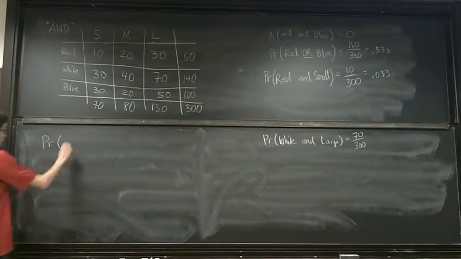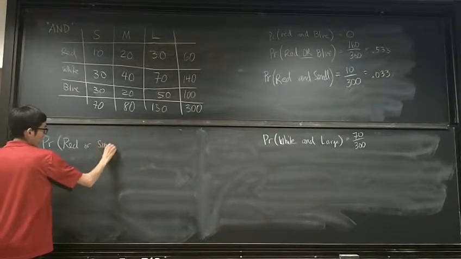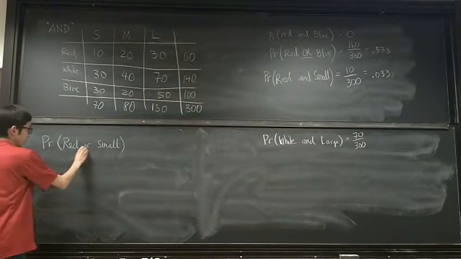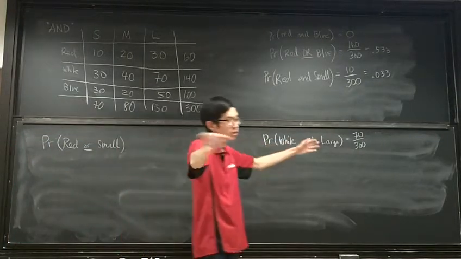What's the probability that I get a shirt that's red or small? So what does this mean? Remember, imagine I've got 300 shirts here.